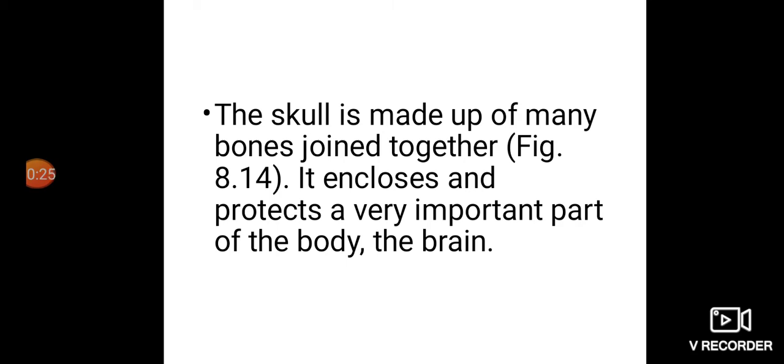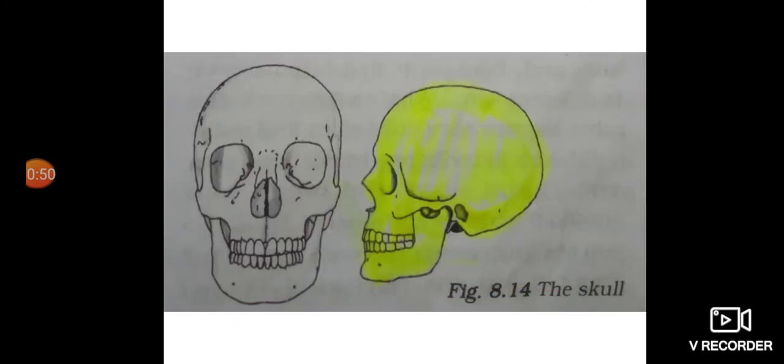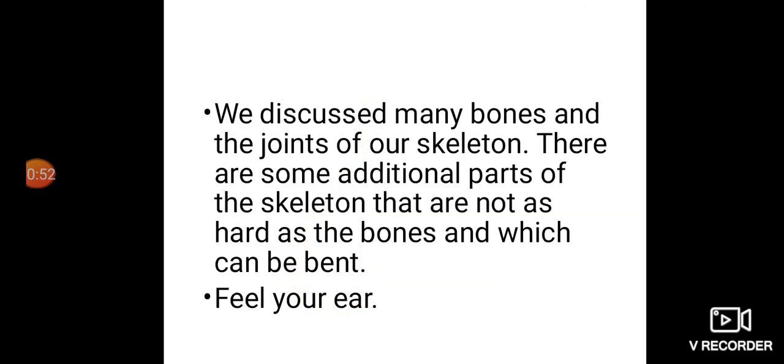The skull is the bone in the head that supports the structure of the face and provides a protective cavity for the brain. So the skull consists of the cranium and facial bones. So this is the structure of the skull.